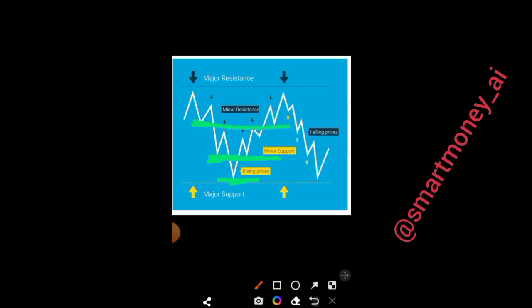Here too was a support level, right? Here it got broken. What happened? Price will head towards the next support. And one thing you should know is the flips. Whenever a support is broken, it tends to become a resistance.